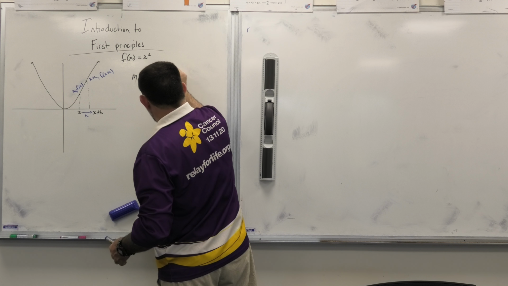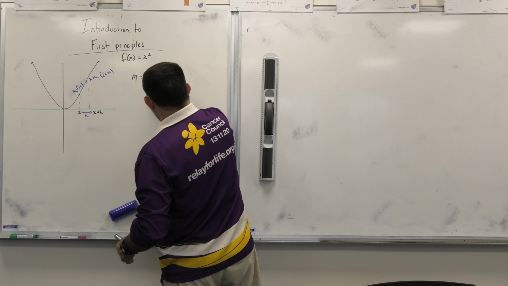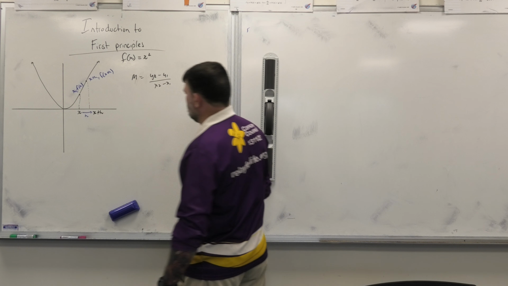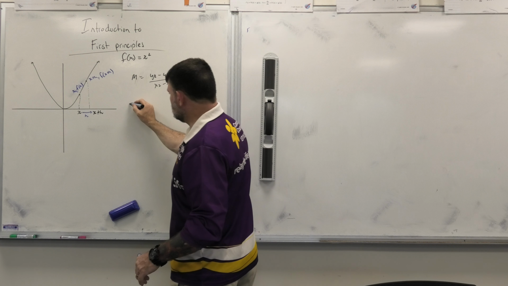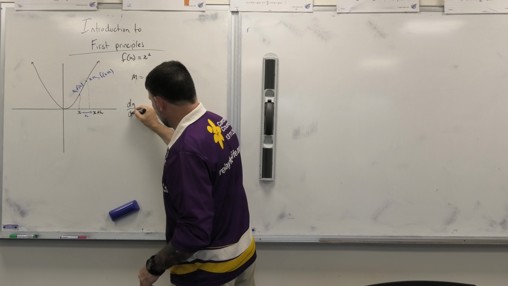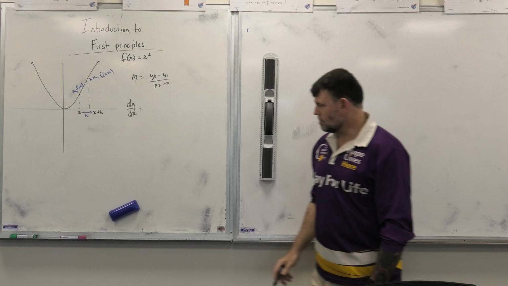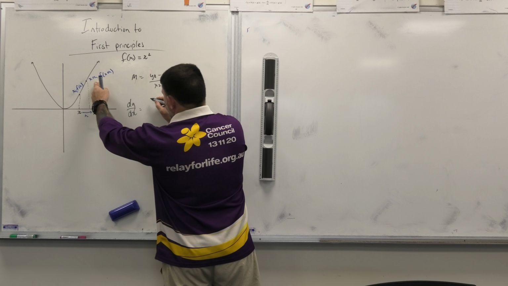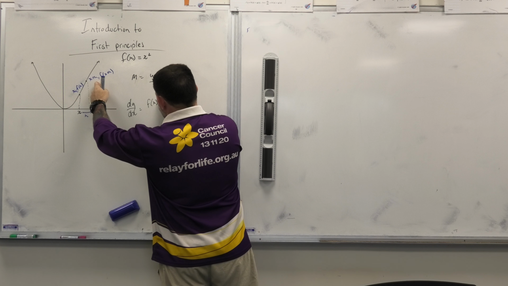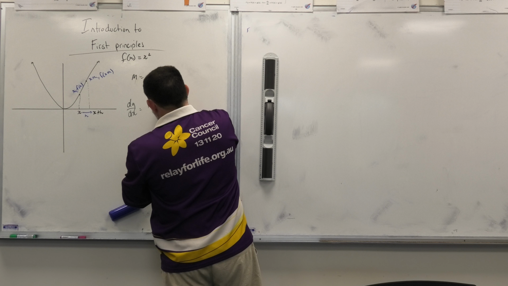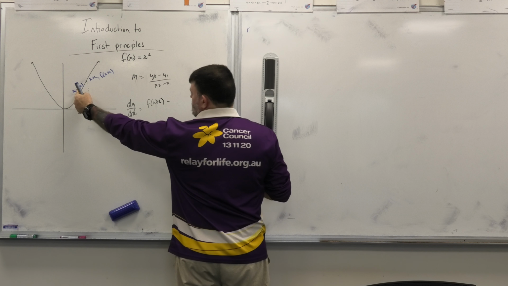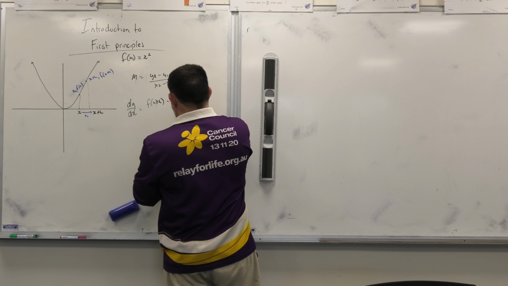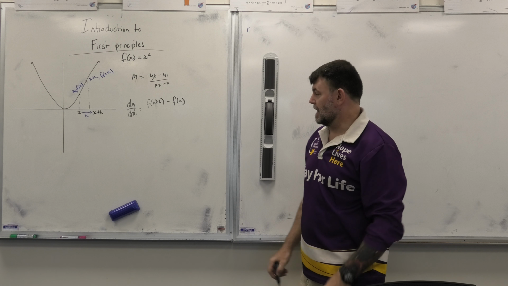So m is y2 minus y1 over x2 minus x1. Well, if I'm going to do dy dx here, my y2 would be this one here. I'd have f of x plus h, minus f of x, the function of that.